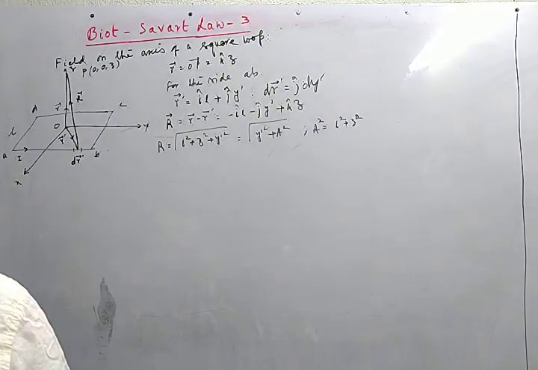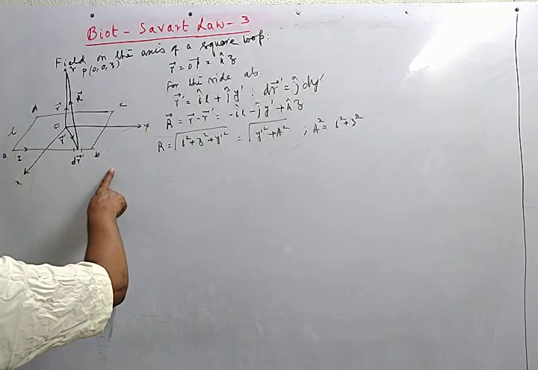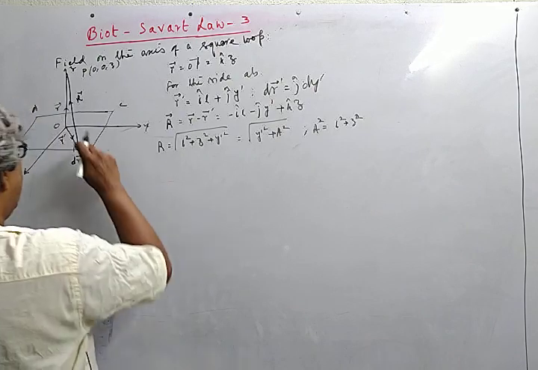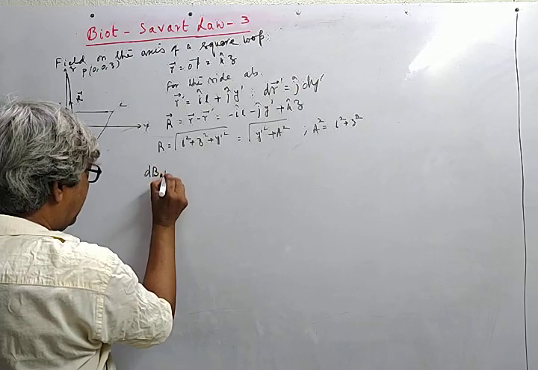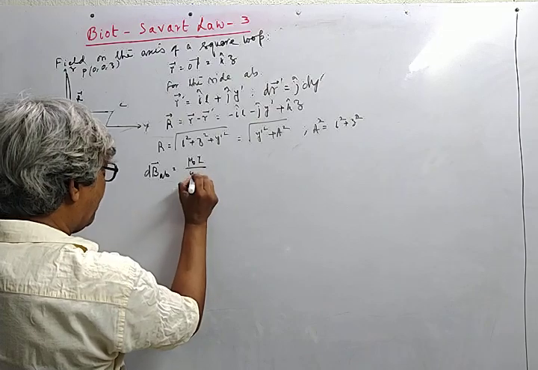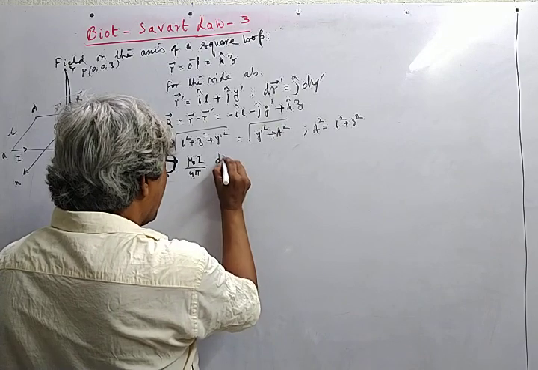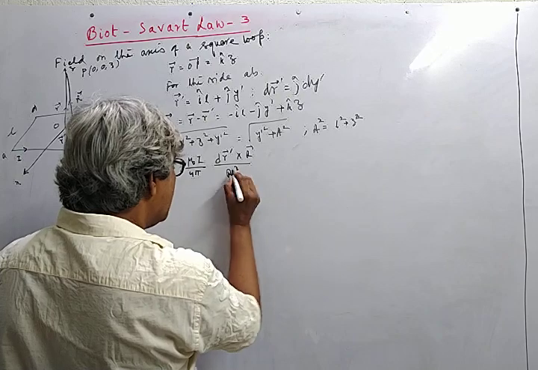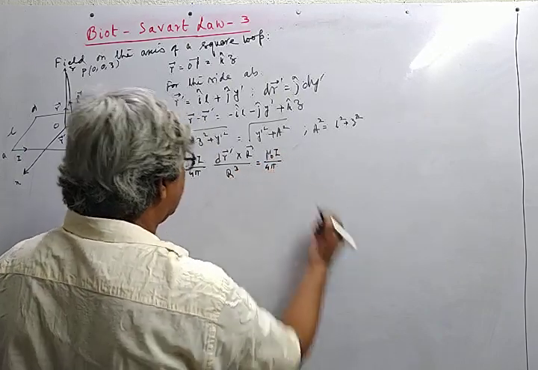Now the field at P due to the side AB, the field at P due to this current element dB_AB is equal to mu 0 I upon 4 pi, then dr prime cross R by R cube. This is equal to mu 0 I upon 4 pi.